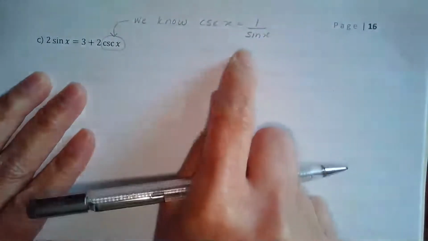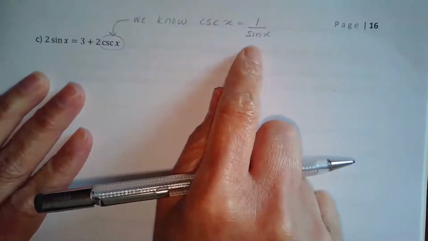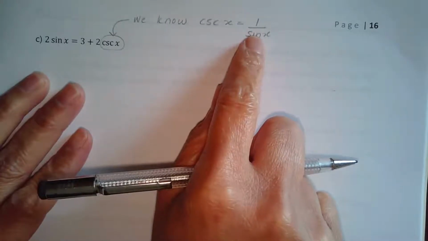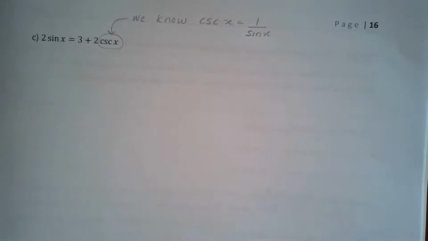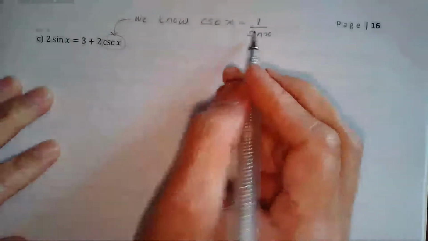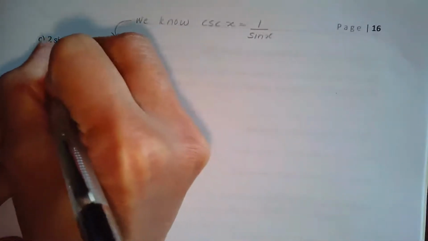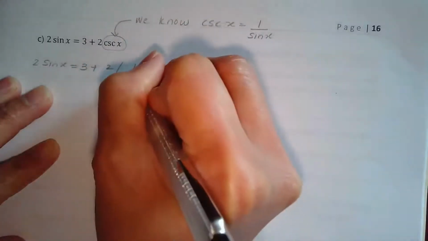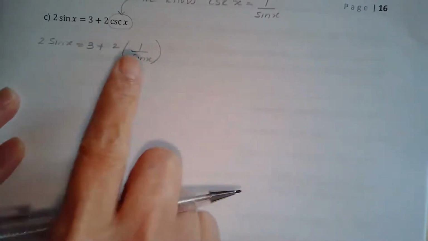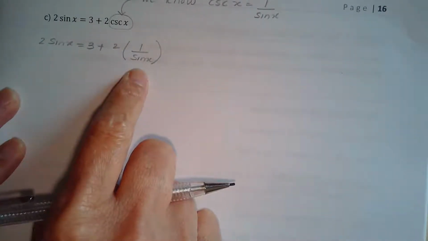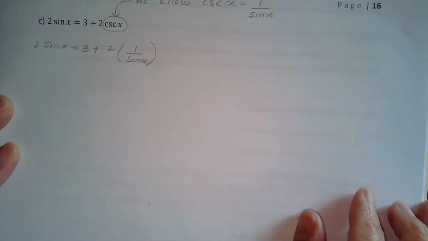Okay, so this is our trig identity, and that's what we're going to use to replace this one. So from here, 2 sine of x equals 3 plus 2 times 1 over sine of x. Okay, like that.